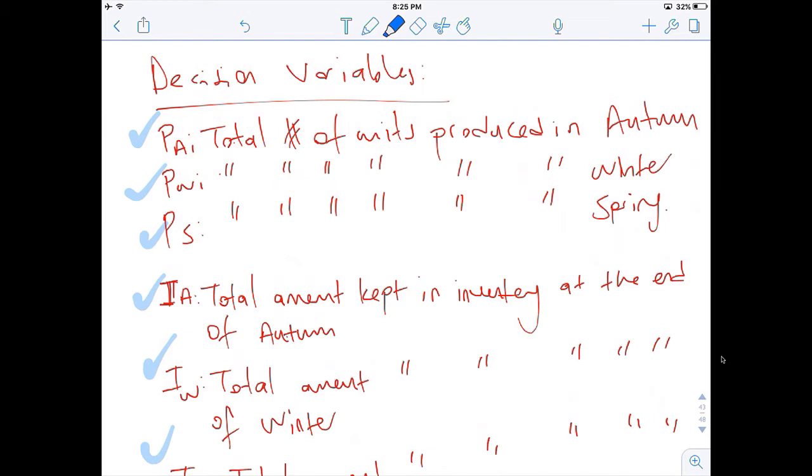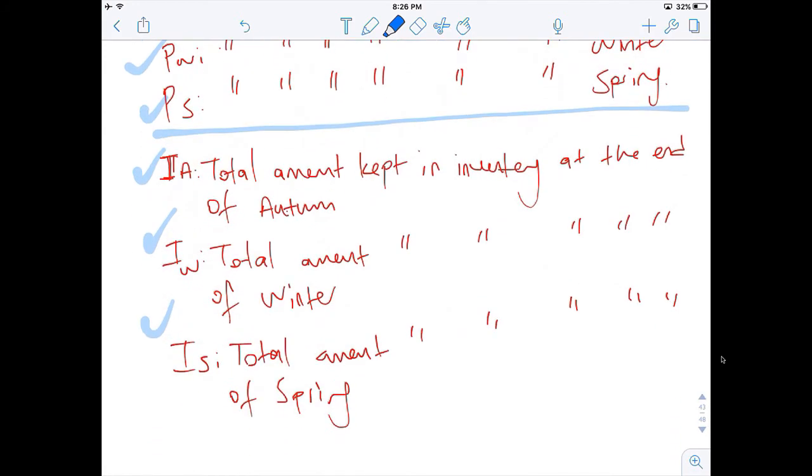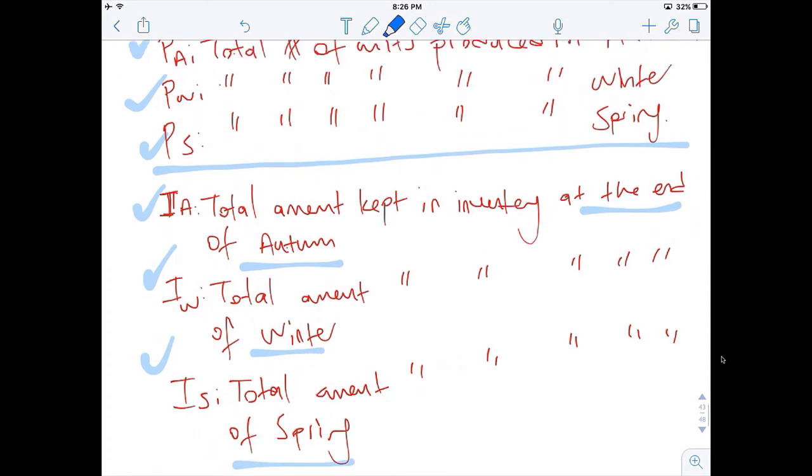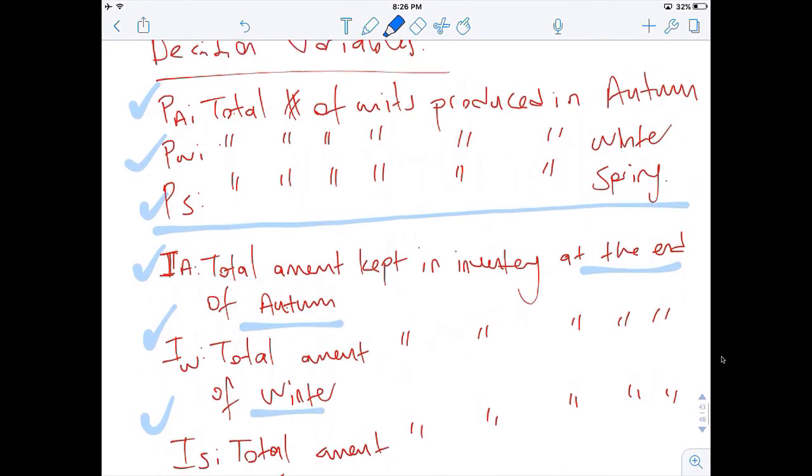So the P's represent the production values for each quarter, and the I's are the total amount kept at the end of autumn, IA, IW at the end of winter, and IS at the end of spring. So basically you have 6 decision variables for this problem.